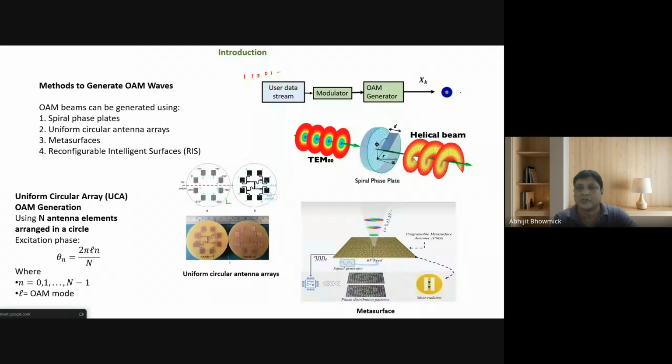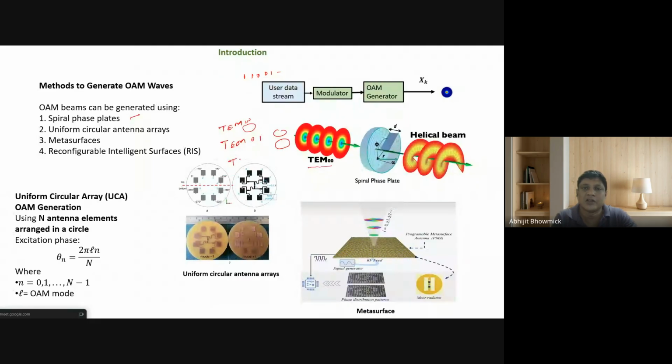and then transmit it. This OAM generator can be a spiral plate, which is shown here. See this TEM, transverse electromagnetic field. TEM 00 means basically a single spot. When it is TEM 01, it is split like this.